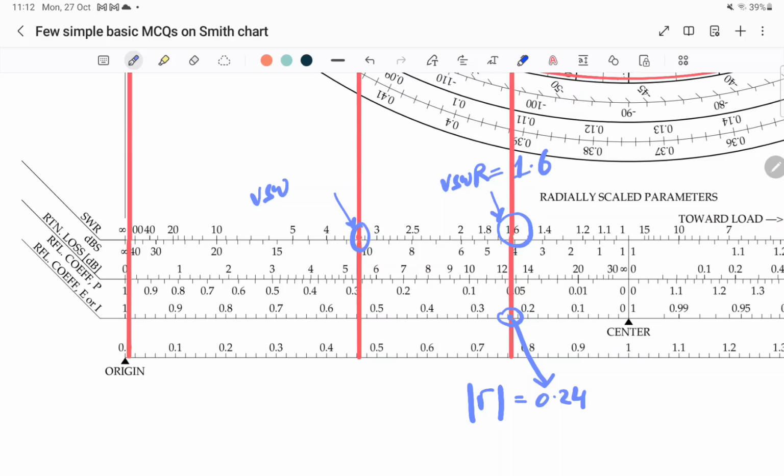So the VSWR is 3.3 and the corresponding reflection coefficient value is, let us say, 0.52.